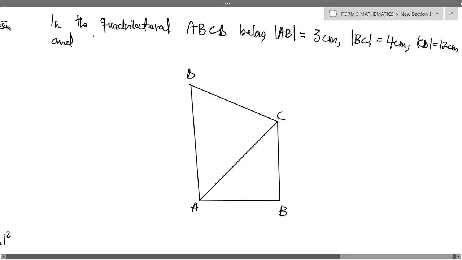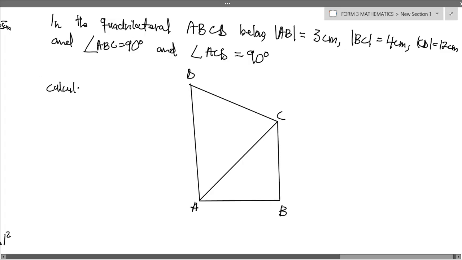And angle ABC equals 90 degrees. And angle ACD is also equal to 90 degrees. Now, your question.